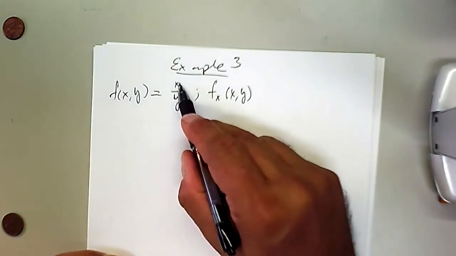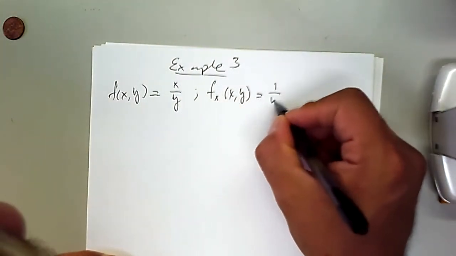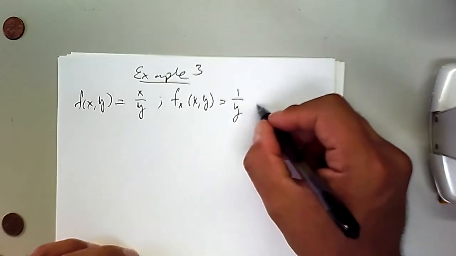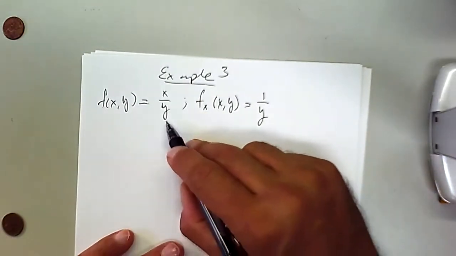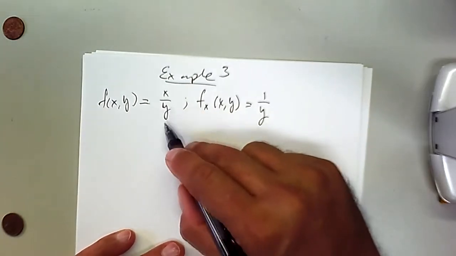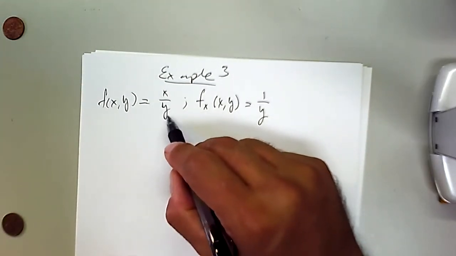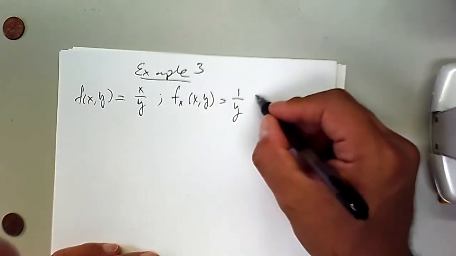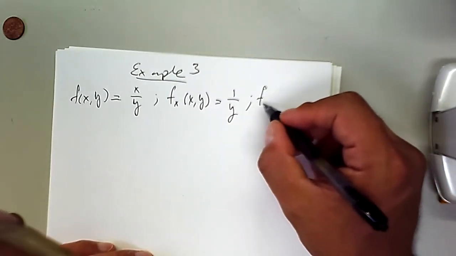So pretend this is x over 7. The derivative of x over 7 is 1 over 7, or in this case, 1 over y. Not to be confused, so we're not using the quotient rule whatsoever. And if you did use the quotient rule, then you've got to pretend y is a constant, and it will still end up being the same answer. Very inefficiently if you use the quotient rule, but you could.